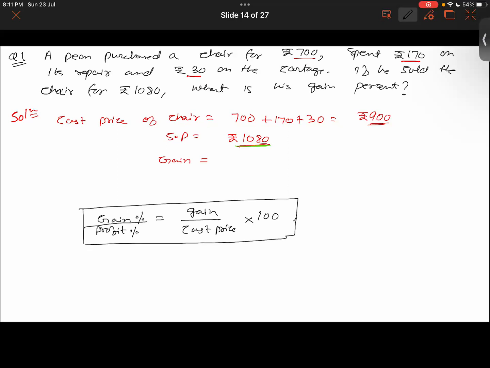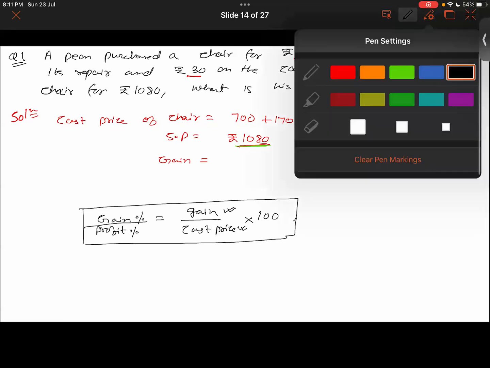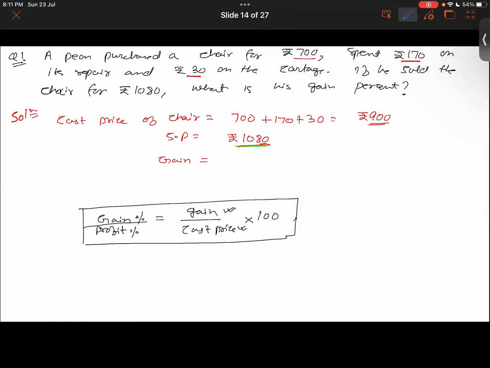In order to find the gain percent, we require gain and cost price. Cost price is already given in the question, and that is 900. What do we need?